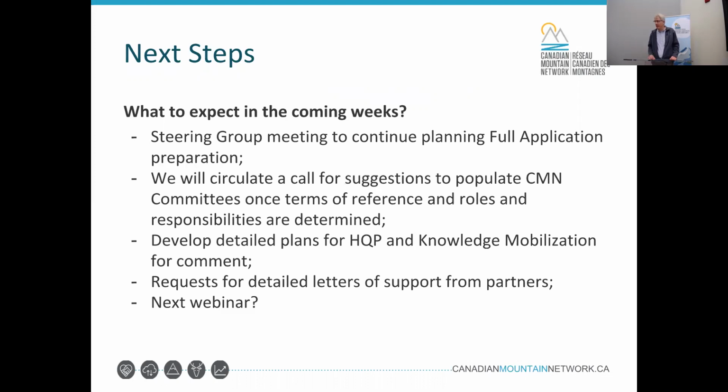Our expectation is that the Tri-Council standards, the standards around OCAP, and best practices, working with a number of possible data center partners to make resources available to support the Canadian Mountain Network, and a data management plan for projects that are funded and successful would be required. But we're not requiring that at this stage.